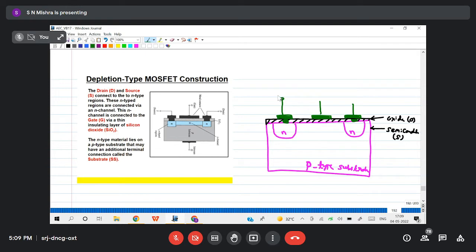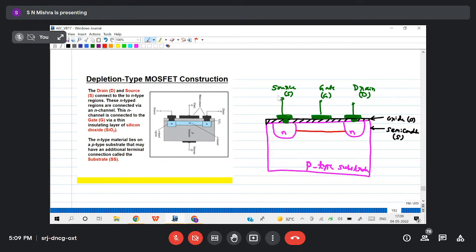This terminal is called source. This is drain, as D. This is gate. Okay, so I've got three terminals here.